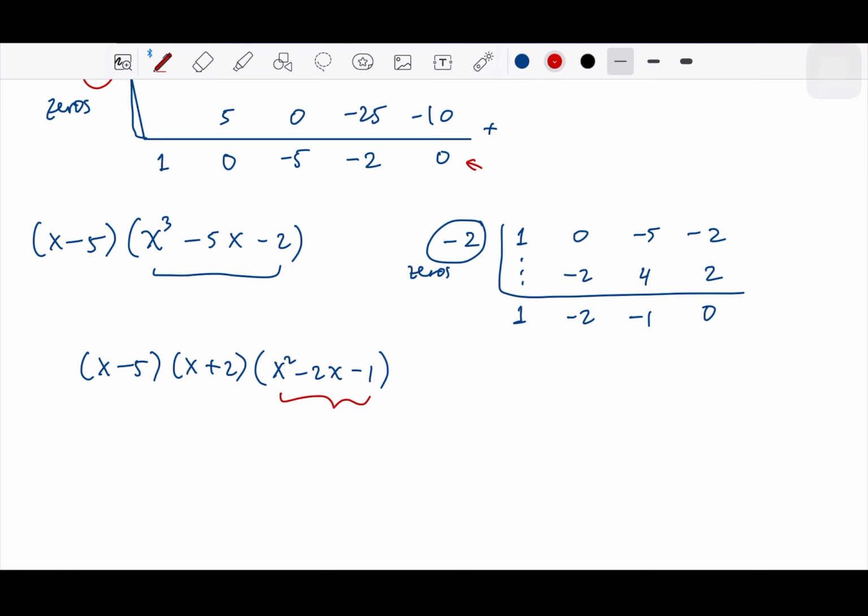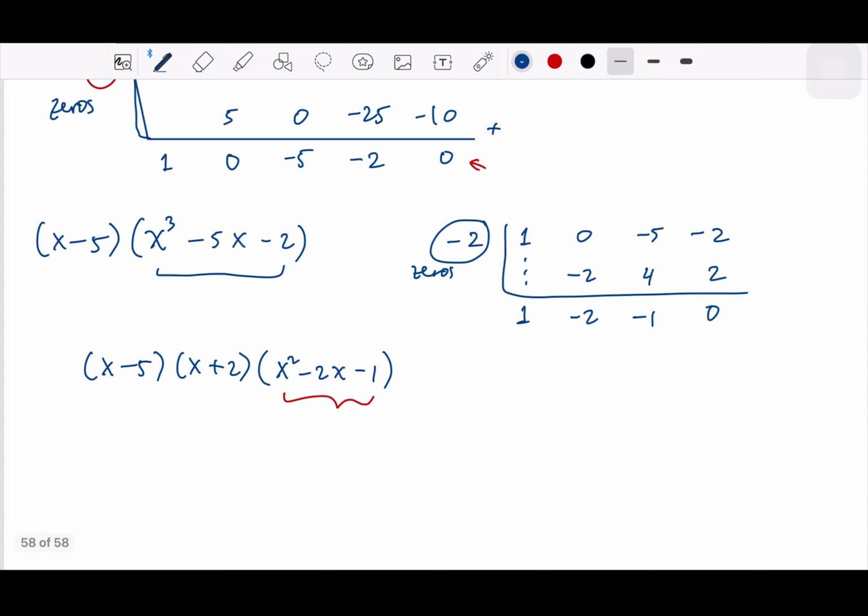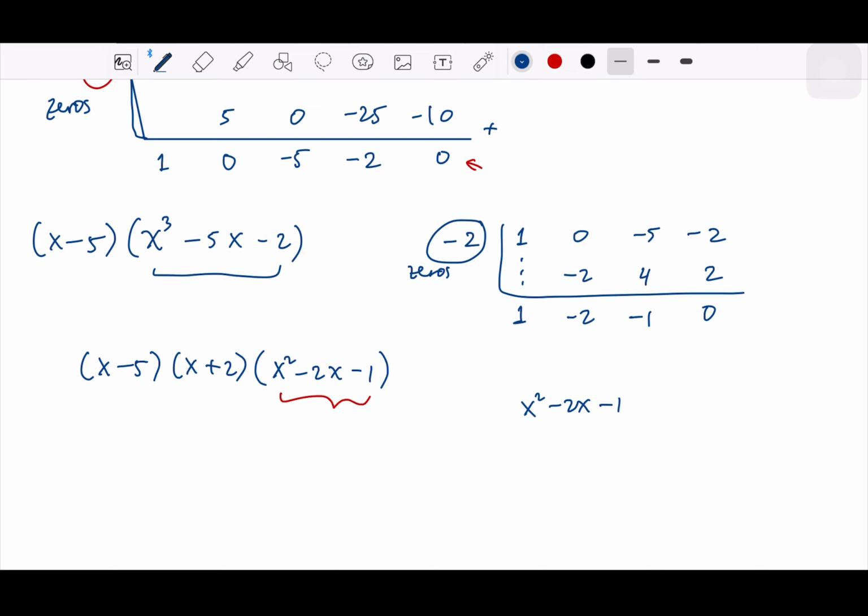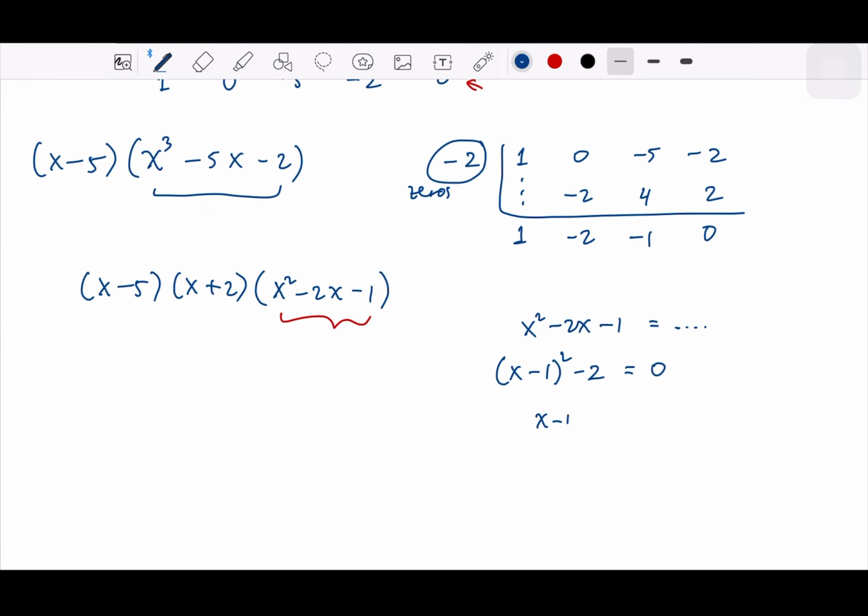Can we factorize this? I don't think we can factorize this, right? So I think this is the equation. If we set this equal to 0, we will have plus minus square root of 2, so x is 1 plus minus square root of 2.